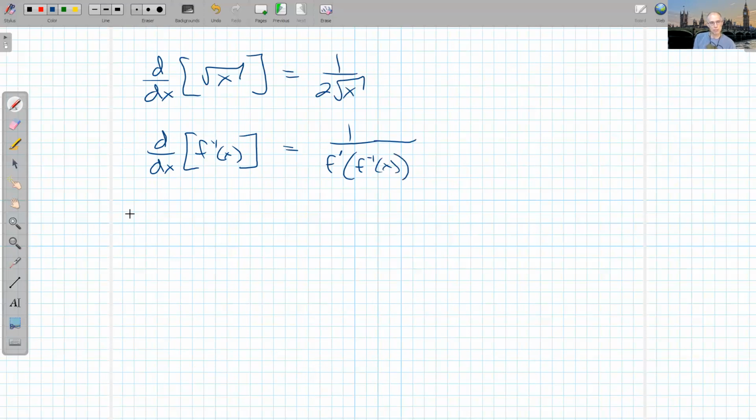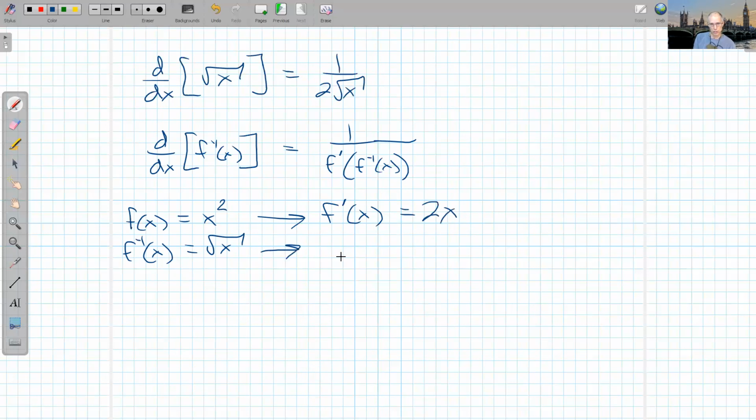So in this case, I'm going to say that f of x is equal to x squared, so that f inverse of x is the square root of x. The derivative of f of x, so f prime of x, we know is just 2x.